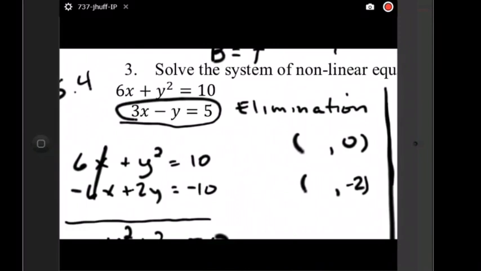If I start by plugging in a 0 for y, because one of my y values was 0 right there, then I get 3x equals 5. So x equals 5/3.